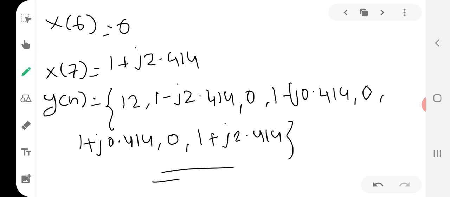Okay, this is the value of y of n by using this method. By using this method we will find the DFT of the signals.